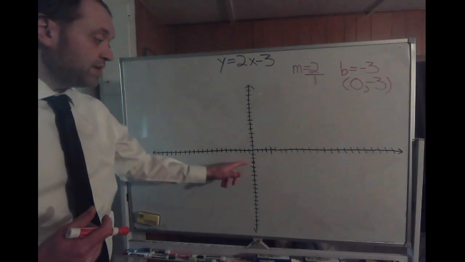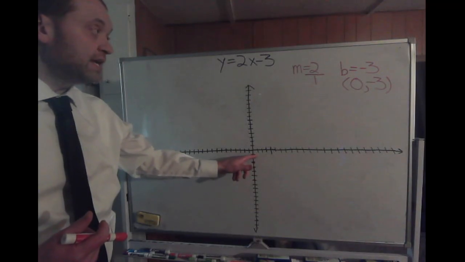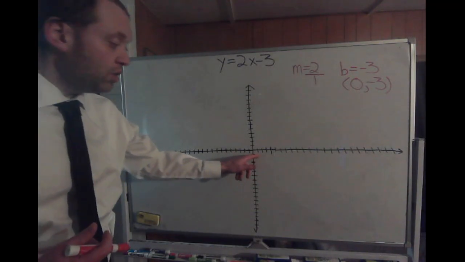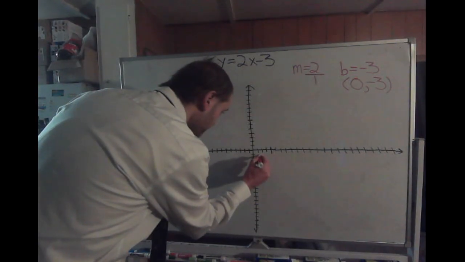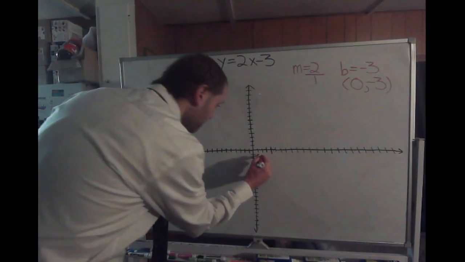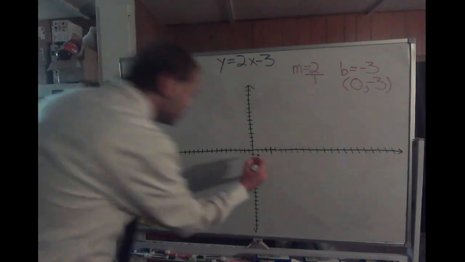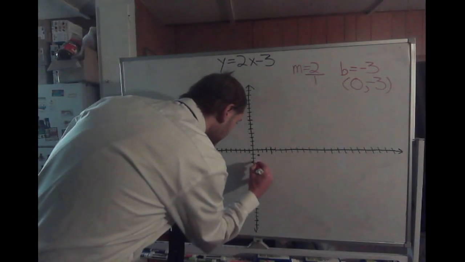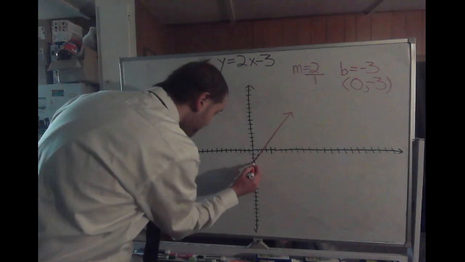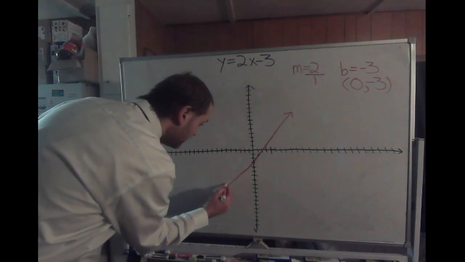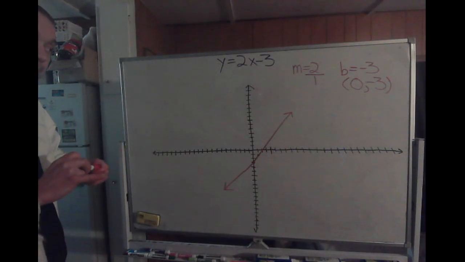So from 0, negative 3, you're going to go up 2, which would put you at 0, negative 1. And then you'll go over 1, which will put you at 1, negative 1. So you plot that point at 1, negative 1. Now that you've got your 2 points, just connect the dots and draw a line through them. And there's the graph of y equals 2x minus 3.